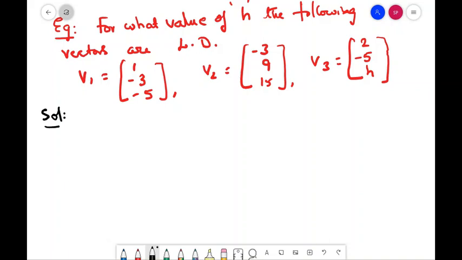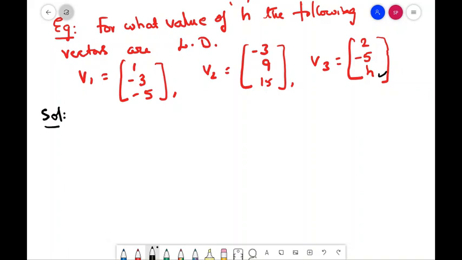Now let us do another problem. For what value of h are the following vectors linearly dependent? Here you have three vectors v1, v2, v3, where in v3 you have an unknown value h. Now you have to determine for what value of h the vectors are linearly dependent.